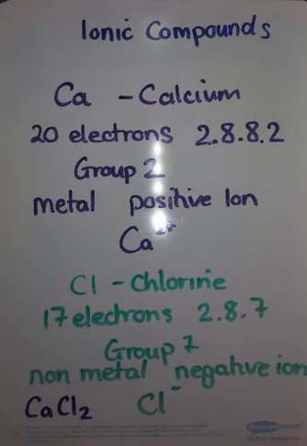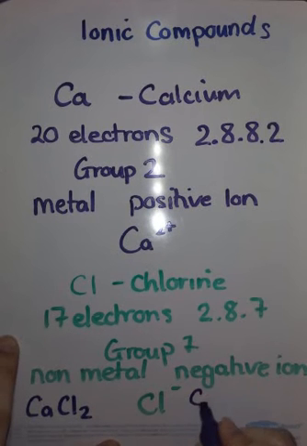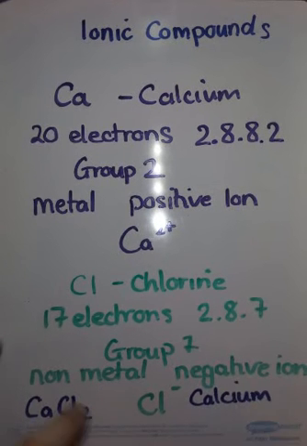If we were going to say, well, what is this compound called? The calcium doesn't change its name because it's a metal, but because we've changed the chlorine into an ion and it's a non-metal, it does change its name. So instead of being chlorine, it becomes chloride. So we have calcium chloride.